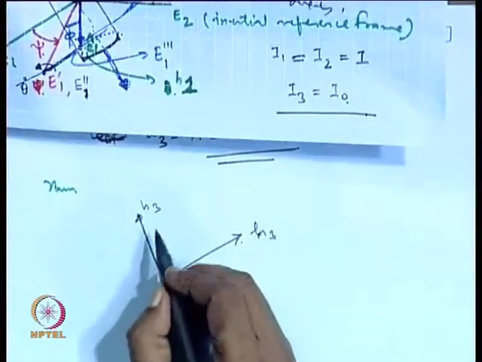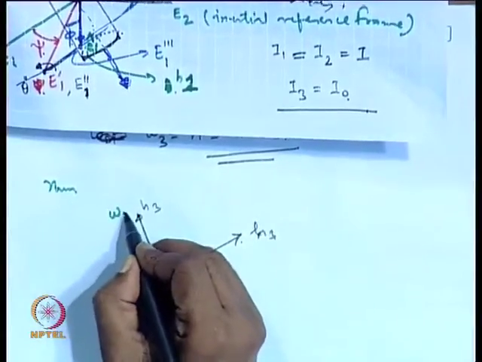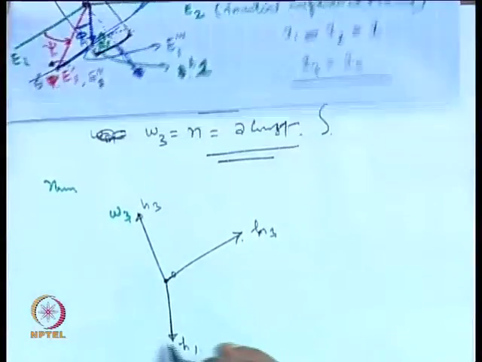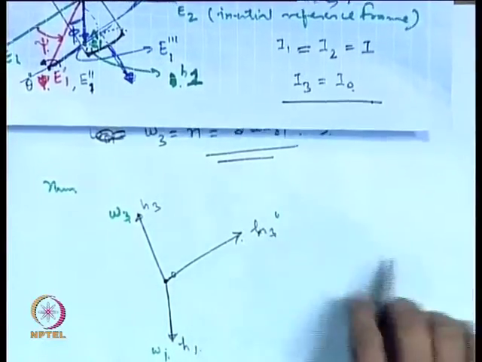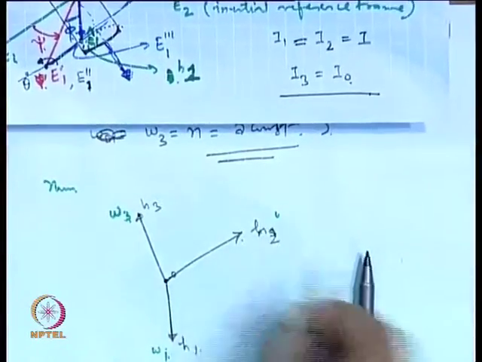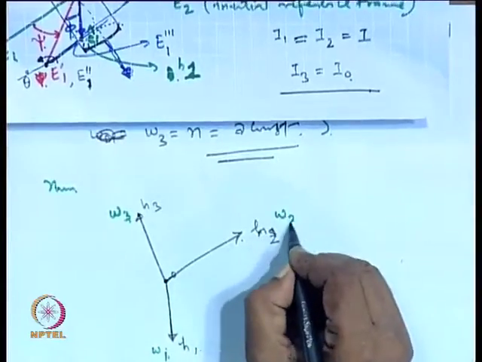Okay. Omega 3 is in this direction only, and omega 1 is also in this direction, and this is omega 2, and omega 2 is in this direction.